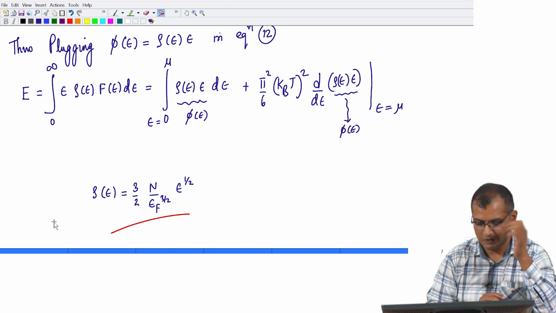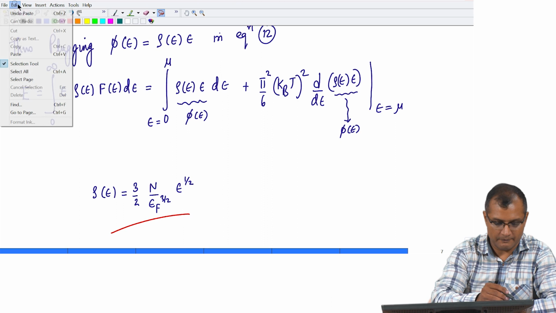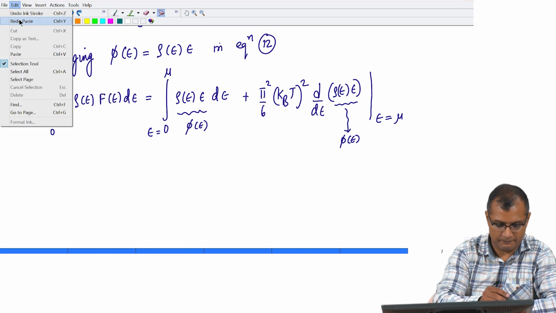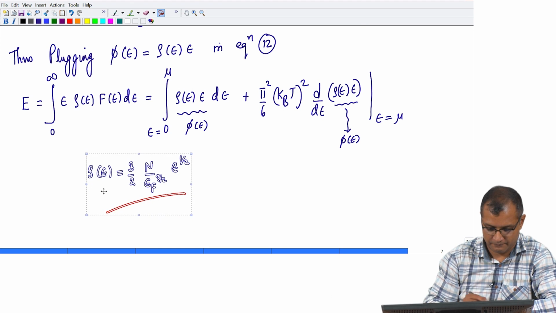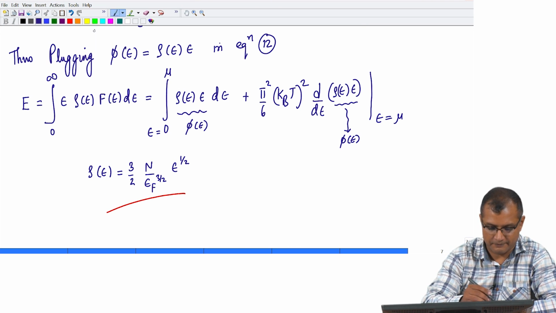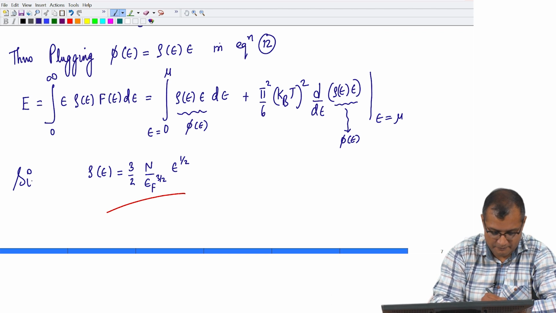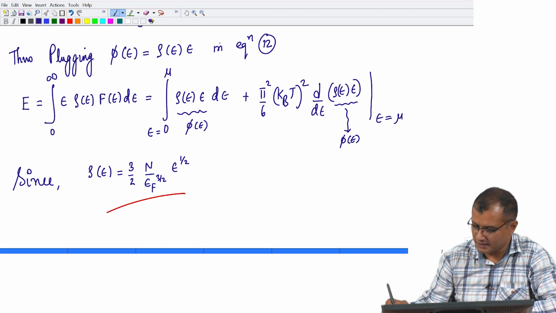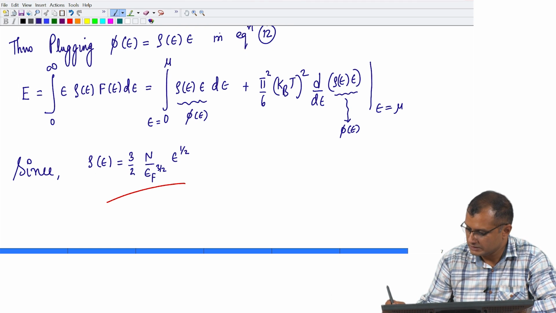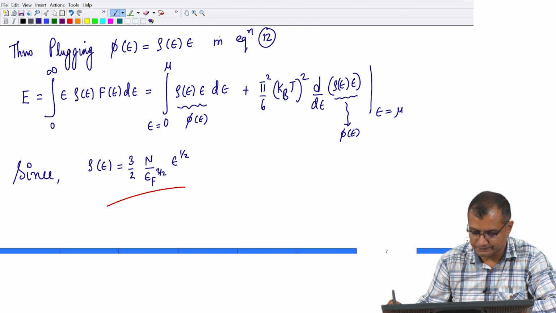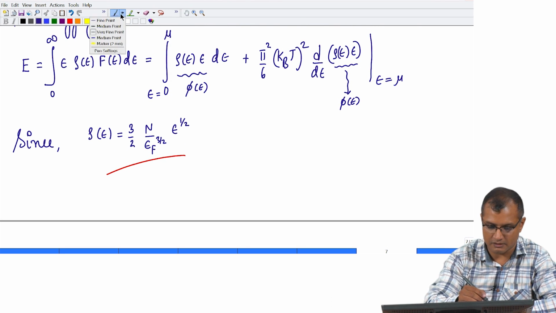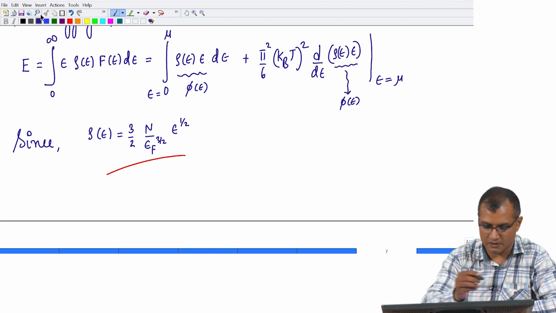I know the density of states is this. So, I can compute what is my the integral. So, it is very simple now, because I can write down this integral as keep all the constants outside.